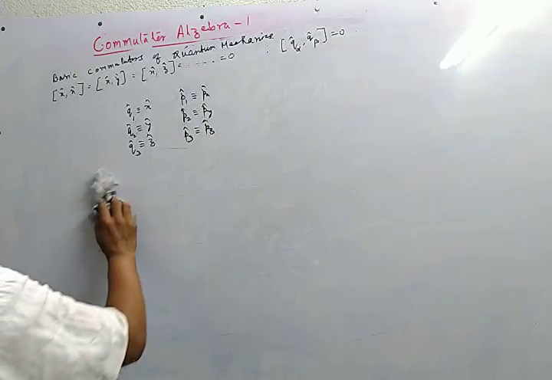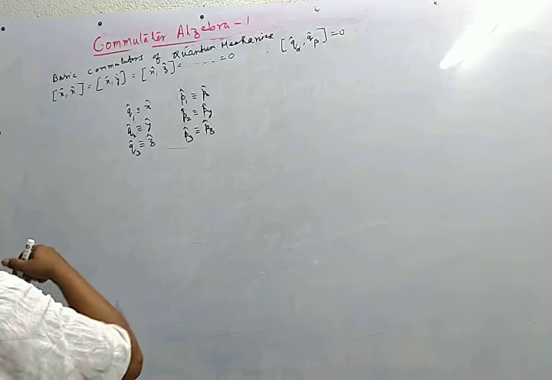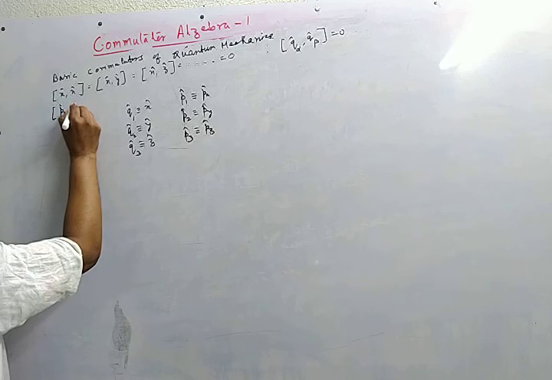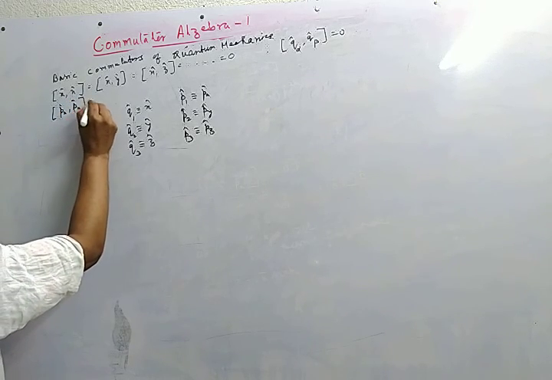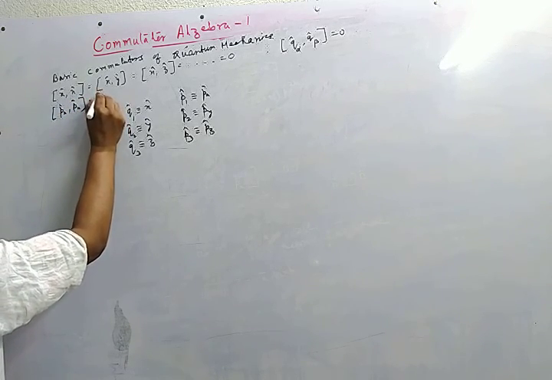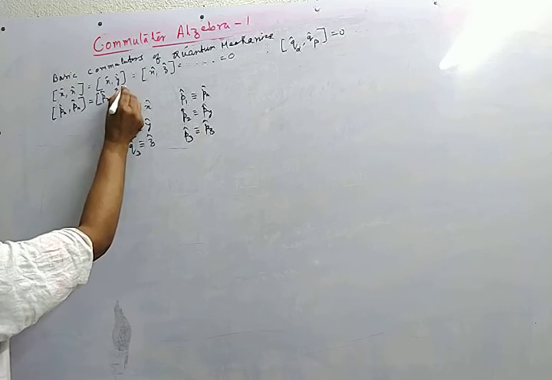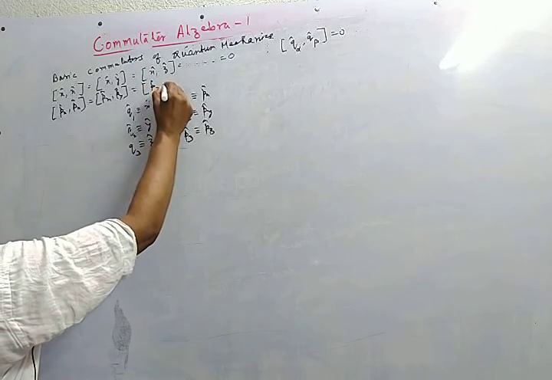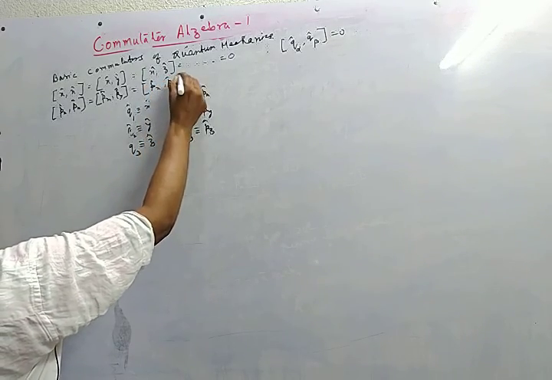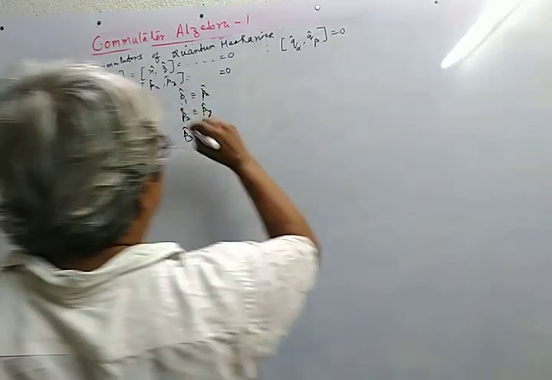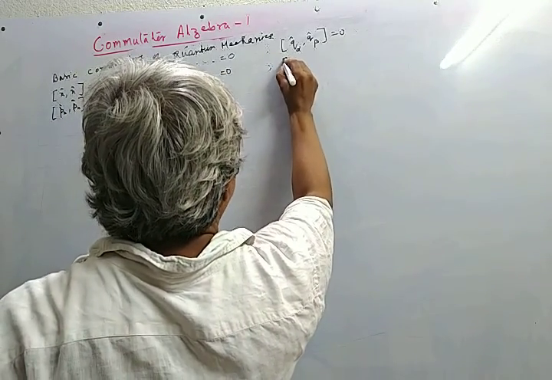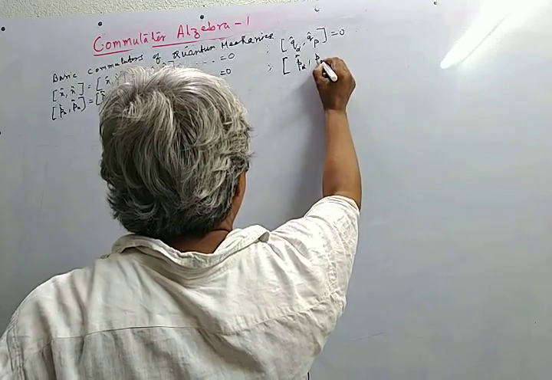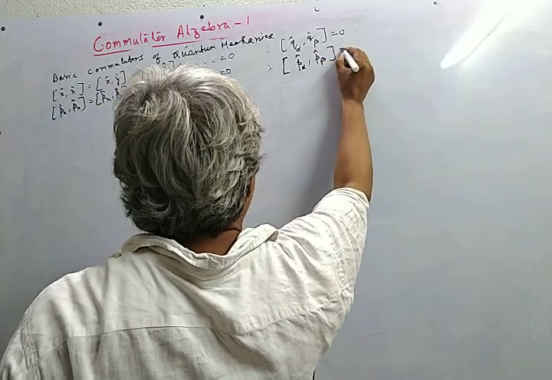In that case, there will again be the commutator relations involving p's: px with py, px with pz, and such other 6 relations which are again 0. This is summarized in a single relation: the commutator of p alpha and p beta is equal to 0.